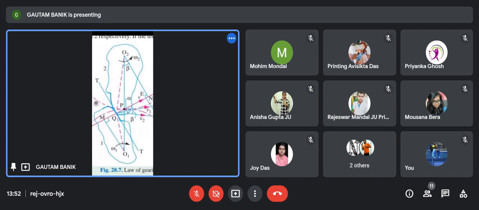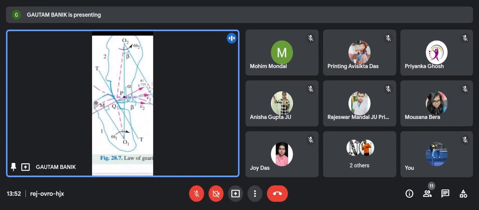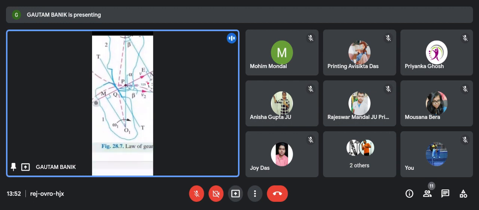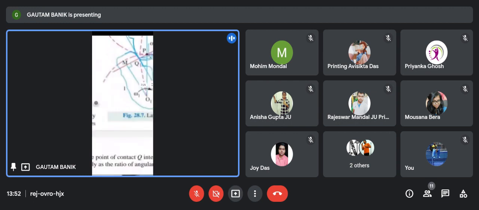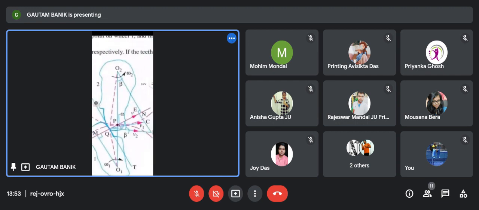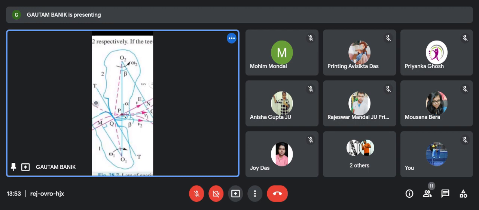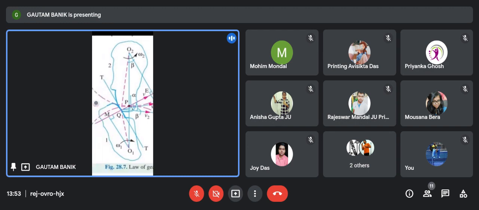This is the pitch line velocity. From the geometry, we will get this omega 1 by omega 2. Comparing these two triangles, draw the perpendicular on the pitch line: O2N is perpendicular, and O1M is perpendicular on the pitch line.